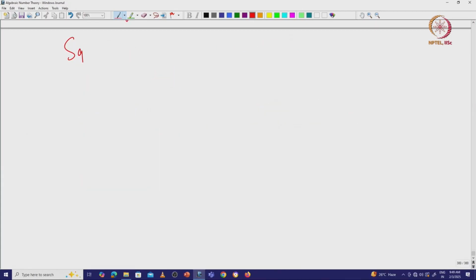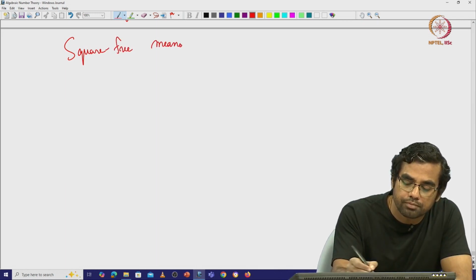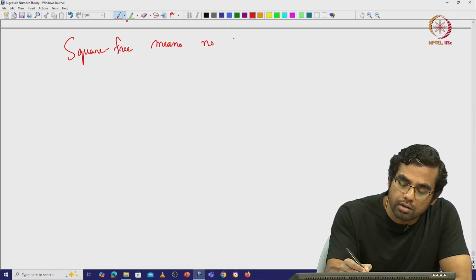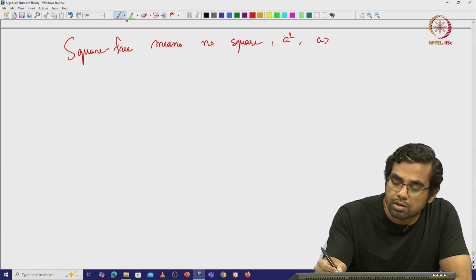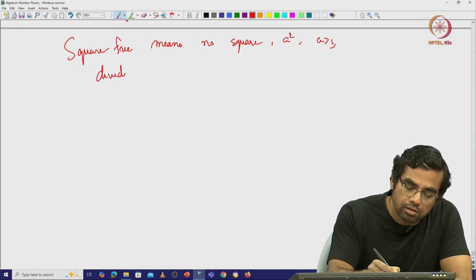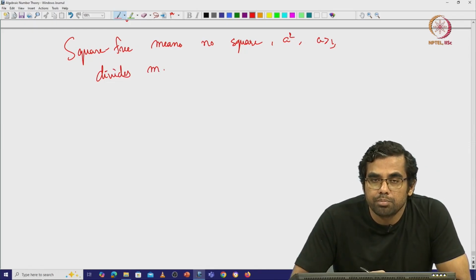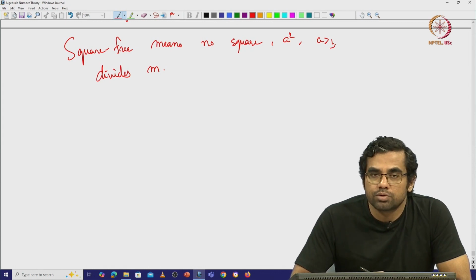Square free means no square a square for a bigger than 1 divides m. Another way of saying that is there is no prime p such that p square divides m. We may of course assume that m is square free, because if m is divisible by p square, Q(square root of m) is the same as Q(square root of m by p square).